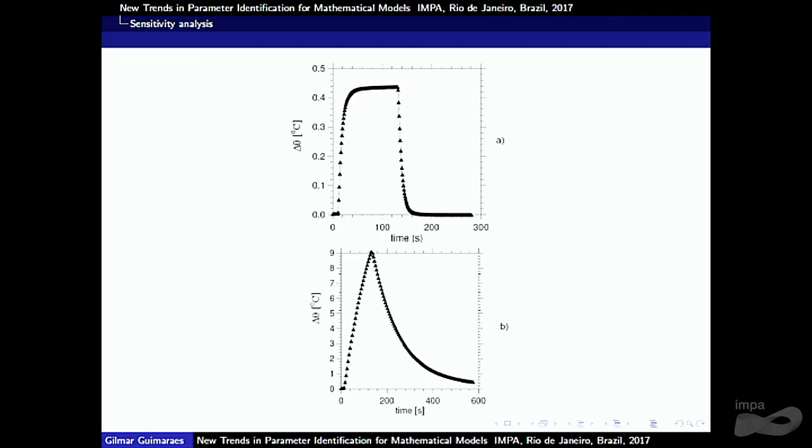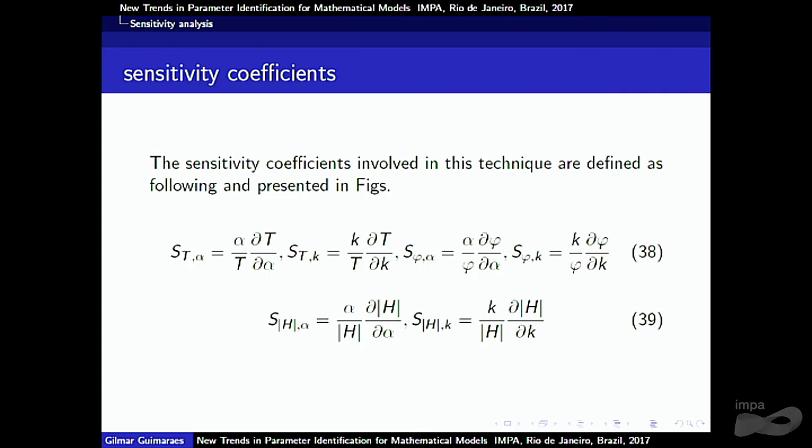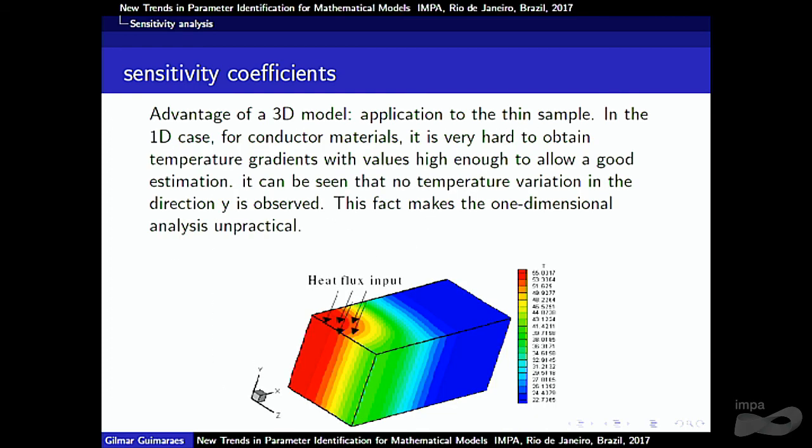However, if you work with the 3D model, you can put thermocouples here, and you have a larger difference of temperature, and so you can obtain the thermal conductivity and the thermal diffusivity more easily. Okay.